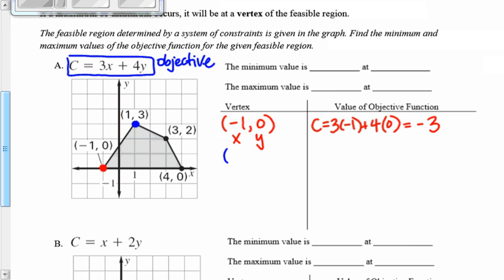So now I'm going to pick 1, 3, plugging 1 in for x and 3 in for y. So the output there would be 3 plus 12, which is 15. Continuing around, I have 3 and 2.